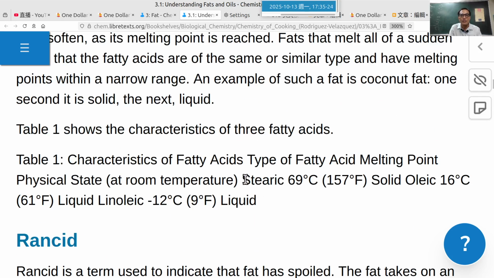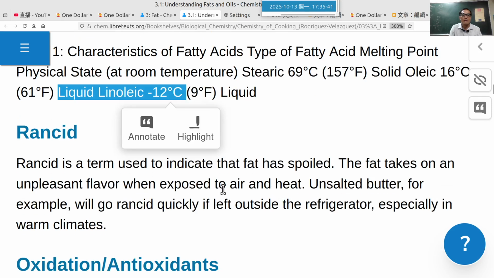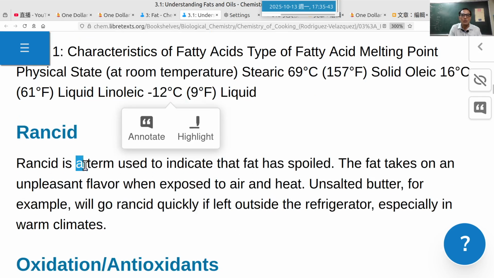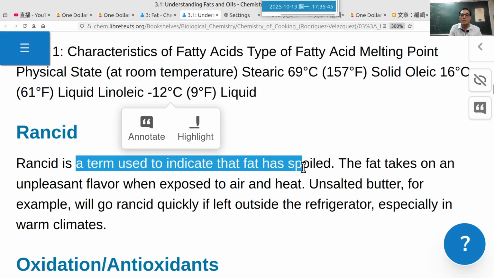For example, stearic fatty acid, the melting point is 69 degrees Celsius. Solid oleic acid, 16. Liquid linoleic acid, minus 12 degrees Celsius. Okay, and rancid is a term used to indicate the fat has spoiled.